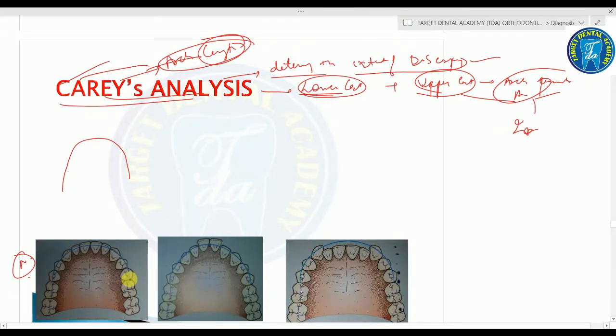The soft brass wire is passed anterior to the molar, passed over the buccal surfaces of the premolars, and follows a contour by passing onto the incisal edges of the anteriors, then again passes onto the buccal surfaces of the premolars and continues to the other side. So this is in case of a normal arch.